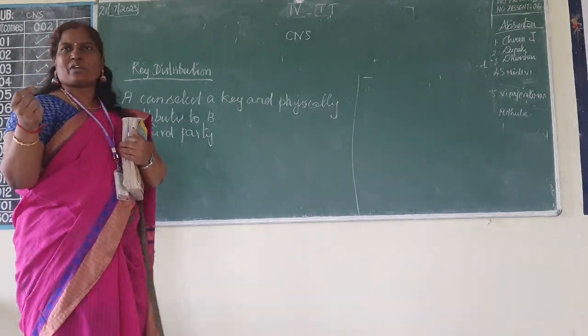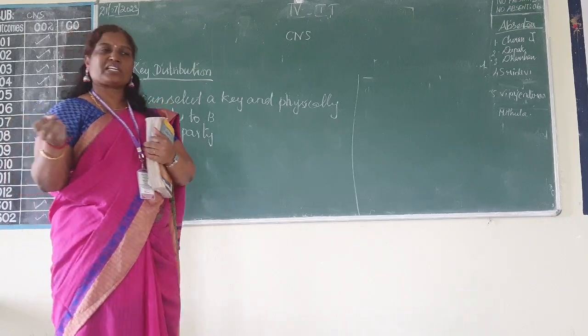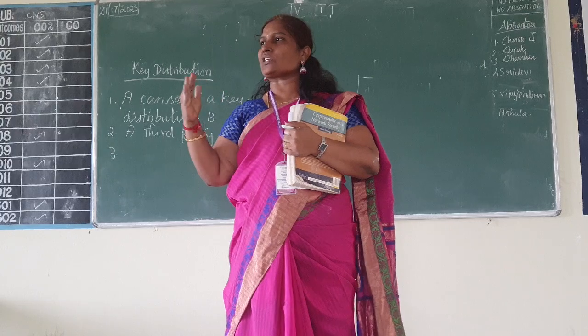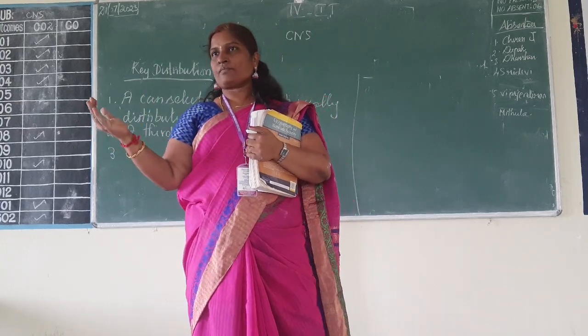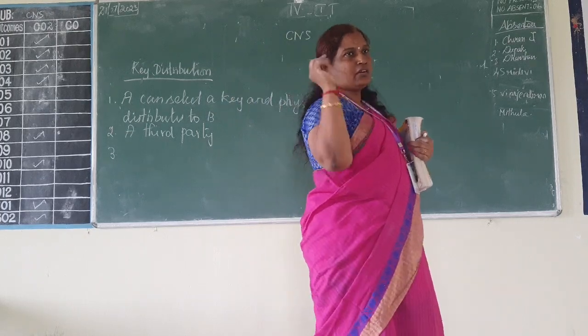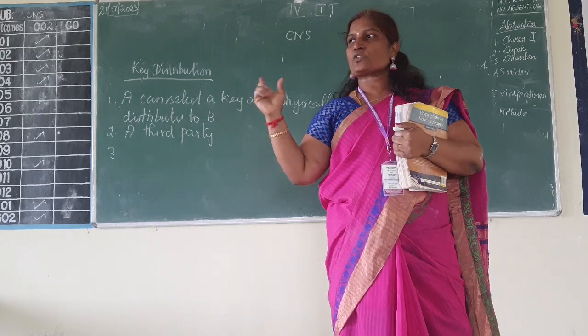There are various keys that will be used, master key and session key and all. Session key means that every session, when A is going to have a communication with B for a long time, for the entire session he will not be using the same key. So the transmission will be divided into a number of smaller sessions.